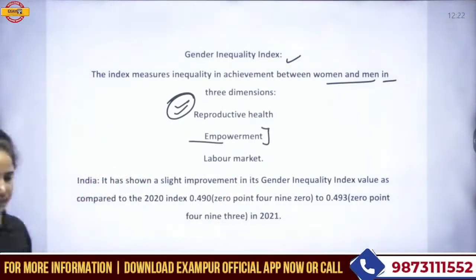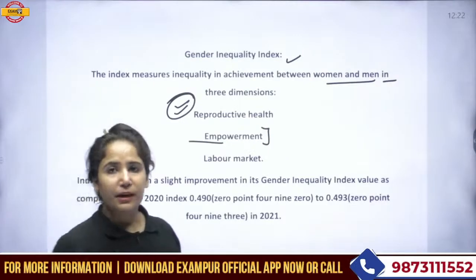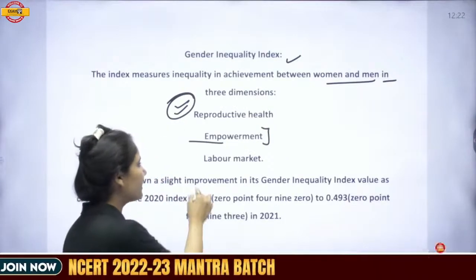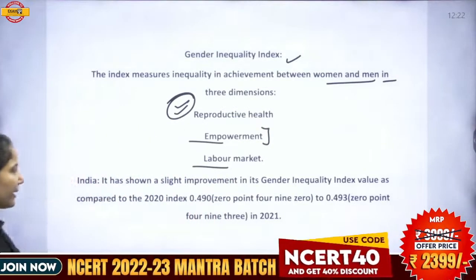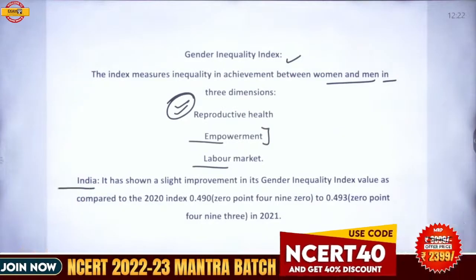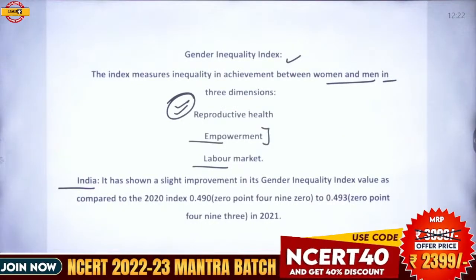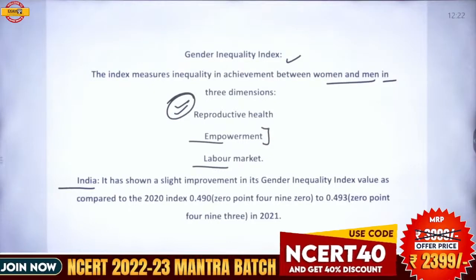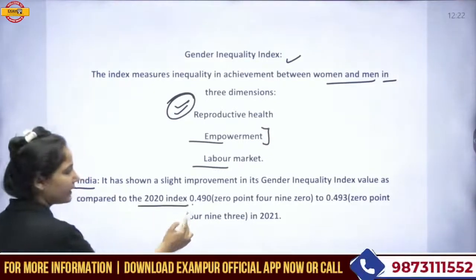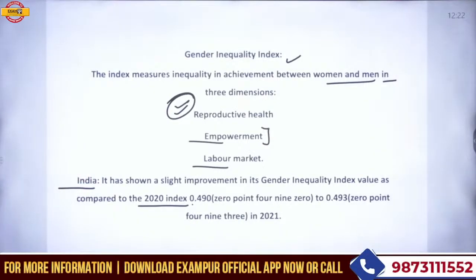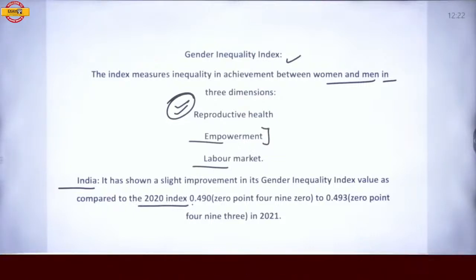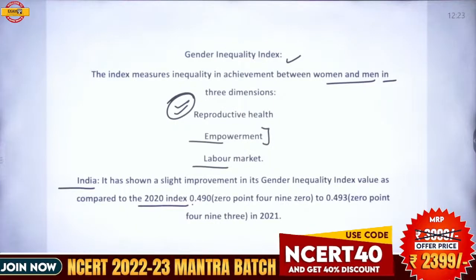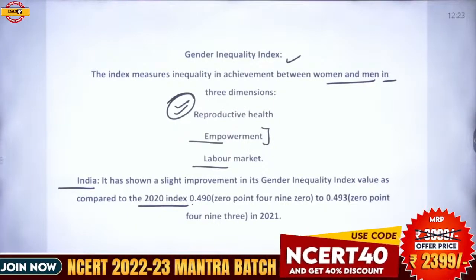Financial participation also plays a role in this, and the labor market, demand and supply. India has shown a slight improvement in the inequality index value compared to the 2020 index of 0.490, to 0.493 in 2021.